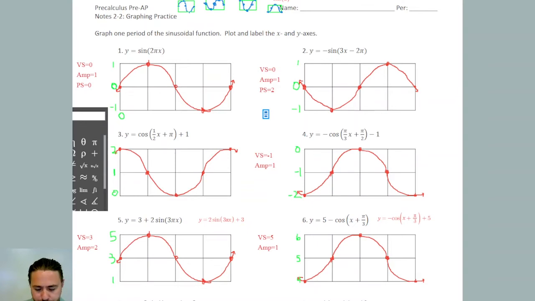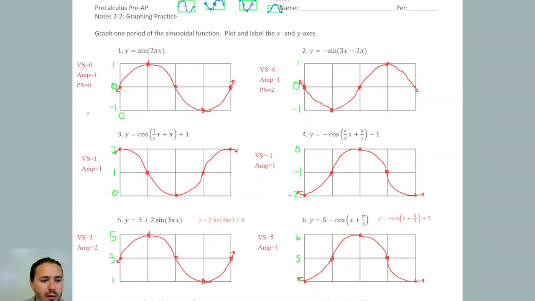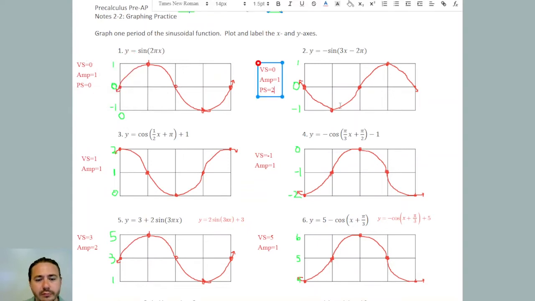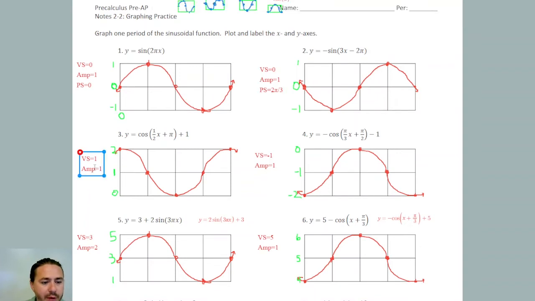There we go. Now I got an extra pi over here. All right, anyway, seriously, hold up. I just had to do a little copy-paste action here. Okay, so anyway, 2 pi over 3. That's going to be what we label this with. We'll come back to that.